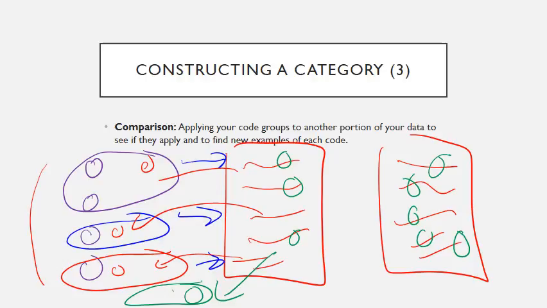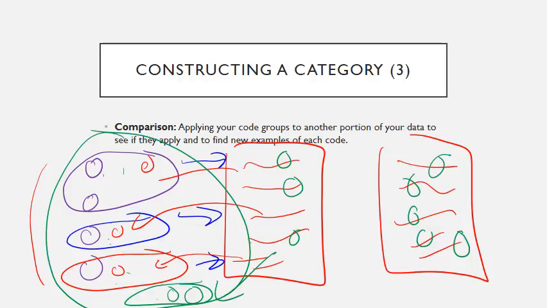So then you may discover another group. Then you go to pages 4 and 5 and do the same thing again, and you try to see if you can fill more of your groups with examples from page 4 and 5. You're seeing if these code groups actually apply to other places in your data besides page 1 and 2, okay? So does that make sense?